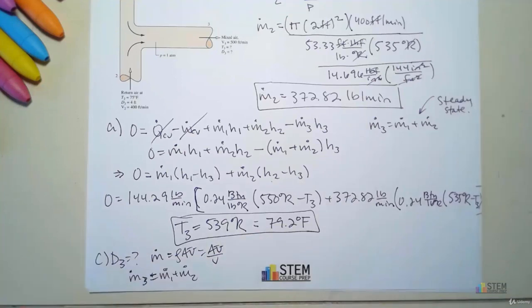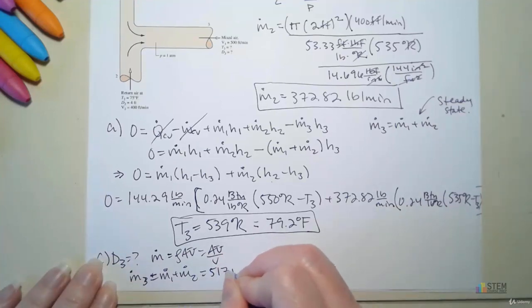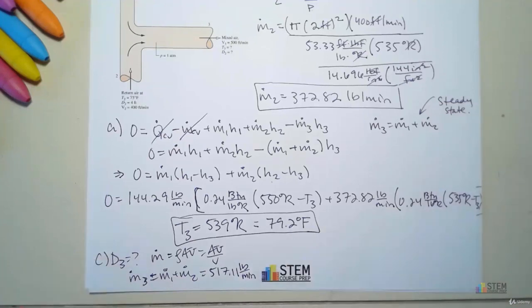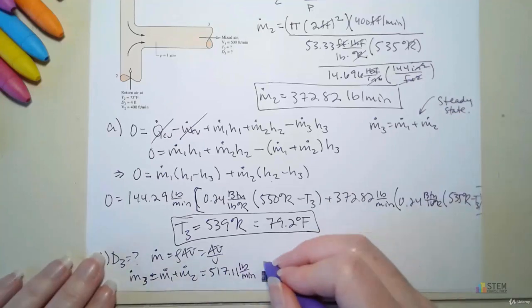So we have that relationship there that we can use. All right, so now with that, if you put M1 dot and M2 dot together, you're going to get 517.11, that's pounds per minute. So I know that this has to equal that.